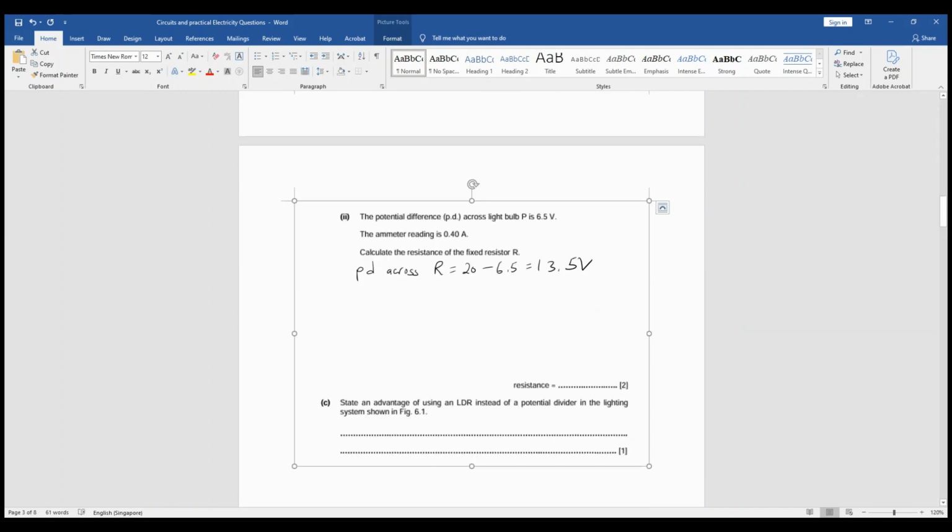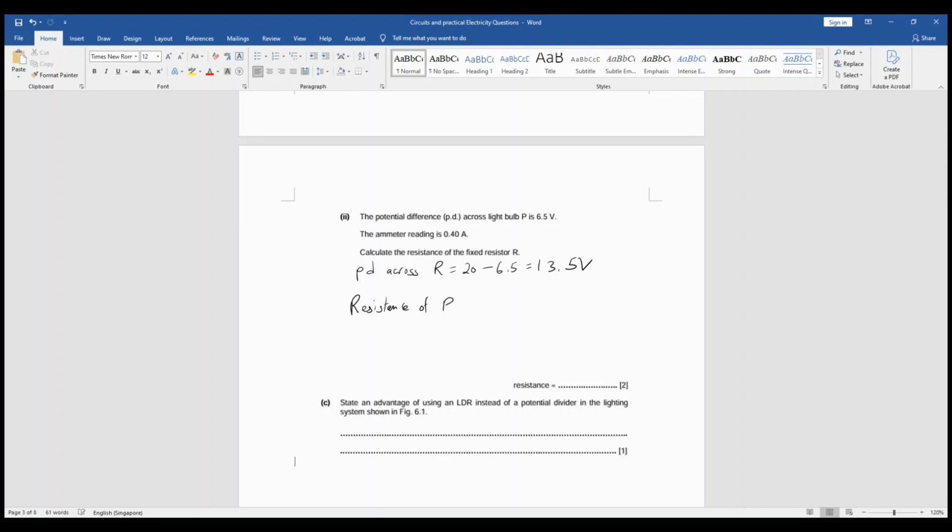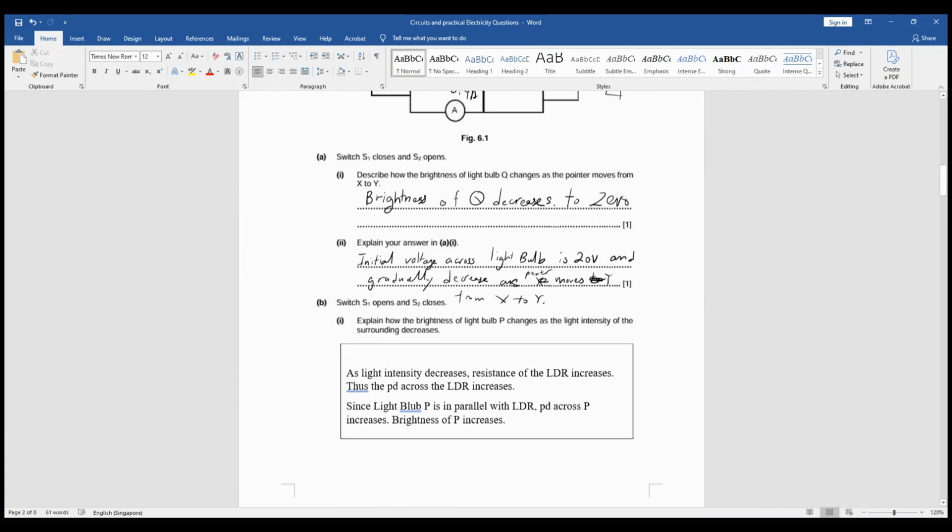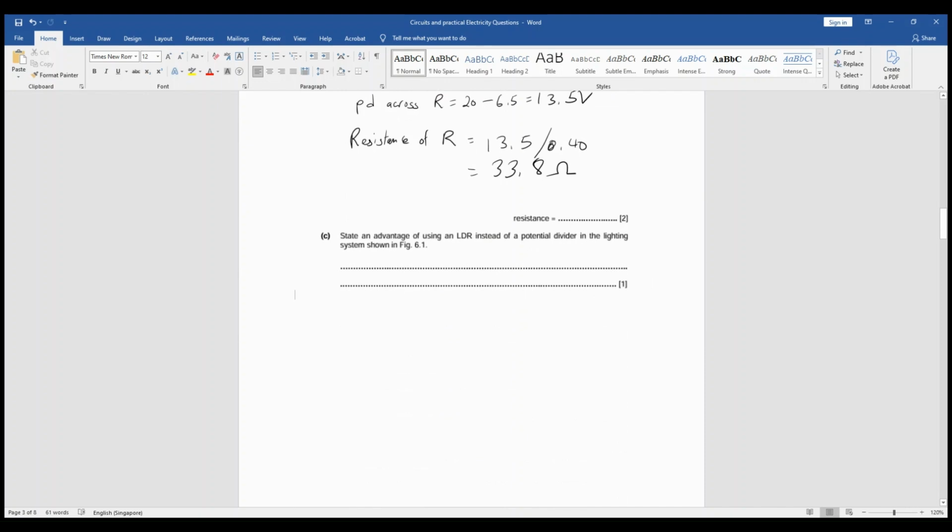Okay, no. Resistance of R equal to 13.5 over 0.40 equal 33.8 ohms. Yeah, just do the math. That's it, using V equal IR. And this one is just minus away because potential divider setup. So here is 33.8 ohms.